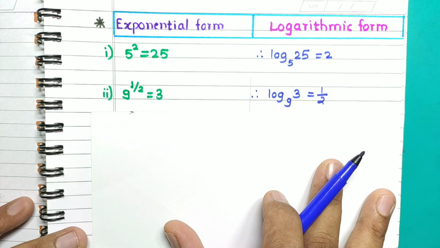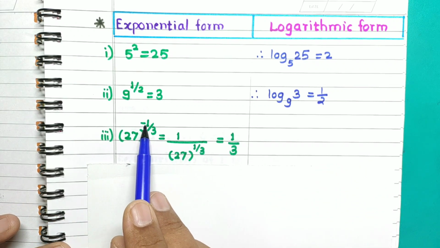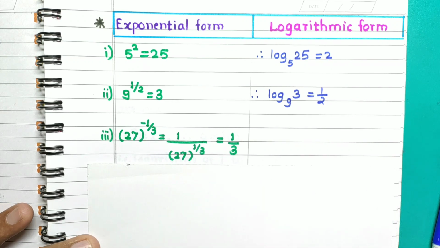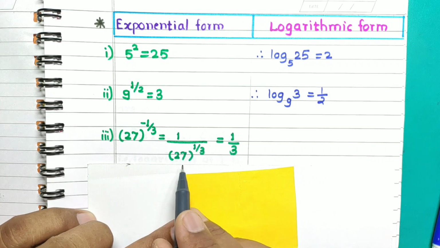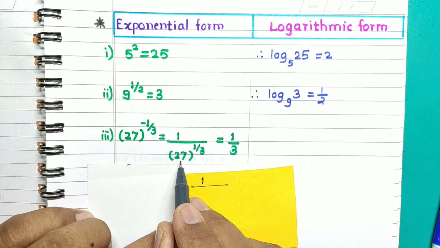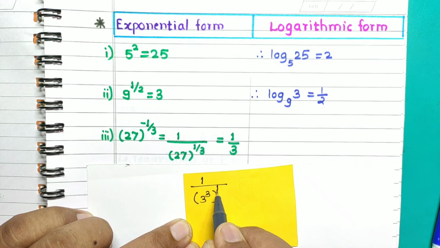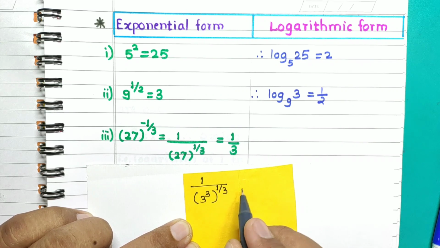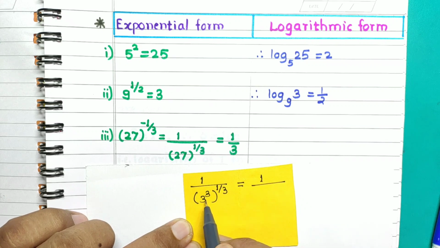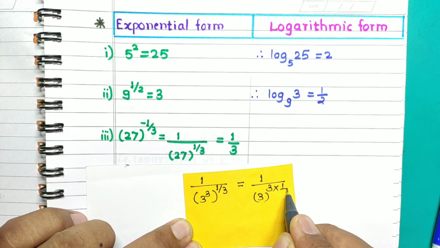Then next exponential form is 27 raised to minus 1 by 3. This is 1 upon 27 raised to 1 by 3. We can write 27 as 3 cubed, raised to 1 by 3. So this is nothing but 1 upon, by rules of indices, 3 raised to 3 into 1 by 3.